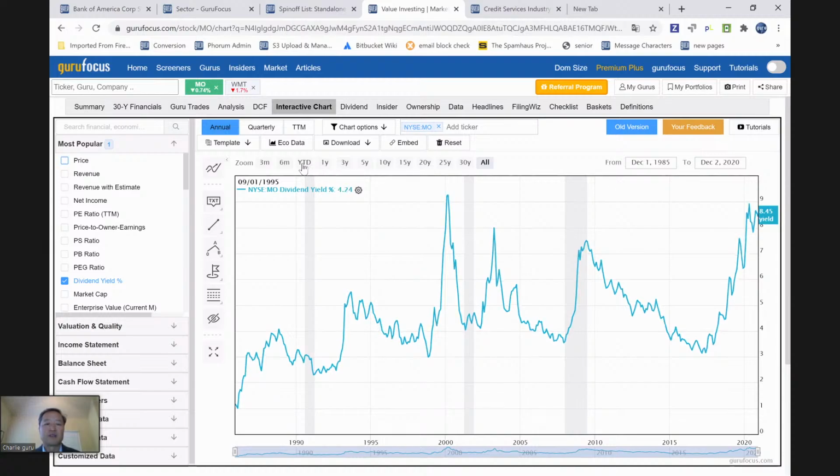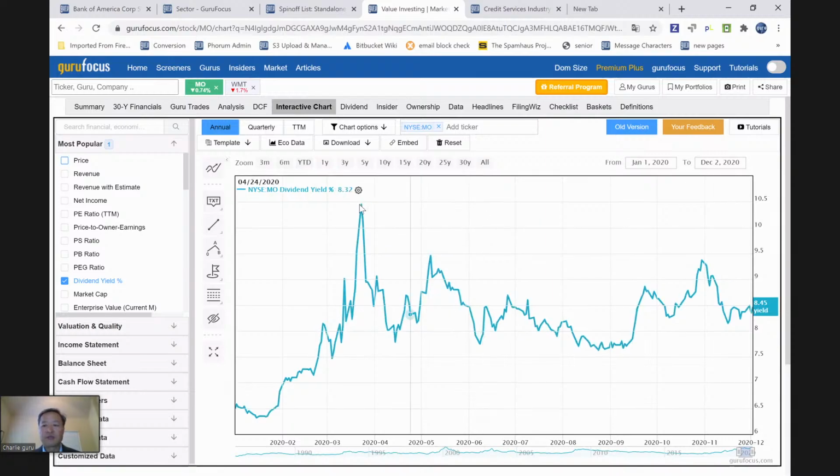If I just click on year to date, the dividend yield was even higher, actually 10.5% back in March. Even about 1 month ago, actually last month, the dividend yield was 9.5%, which was as high as it was during the tech bubble in 2000. So this is a very powerful tool.